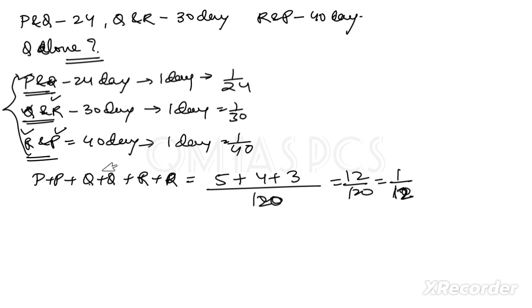So if you see this, it will be 2 times of P plus Q plus R. When there is 2 times of P, 2 times of Q, 2 times of R, they are completing 1 by 12 part.